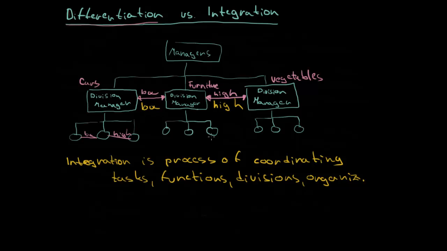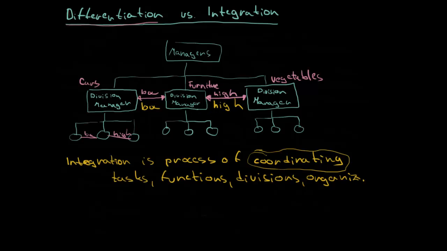We are coordinating, so there need to be some similarities, or the communication needs to be good between the divisions. The cars and the furniture production are not that different, so the communication between them is easy, and I do not need any special mechanism to integrate them. But between the furniture and the vegetables there are big differences, so I will need some advanced communication or trade mechanism to manage this relationship.